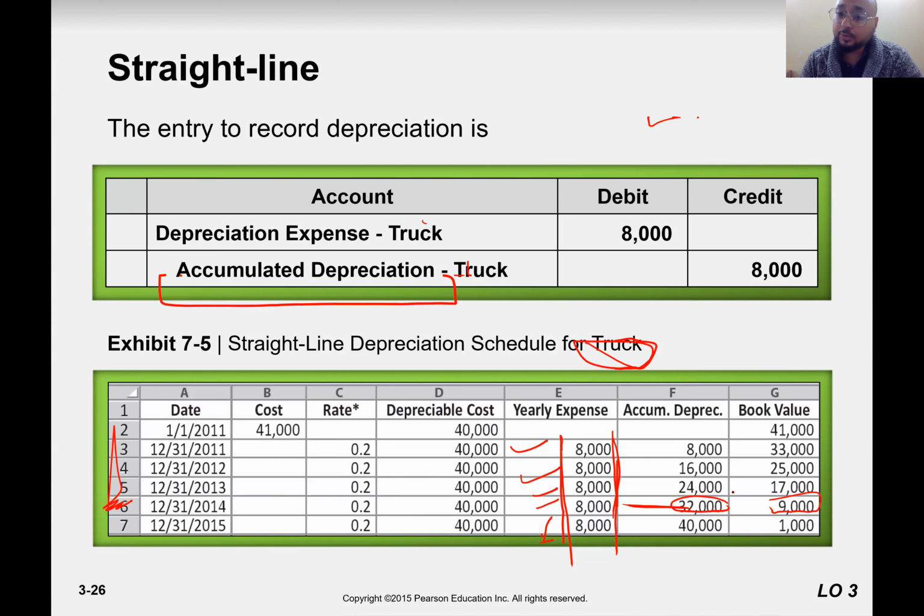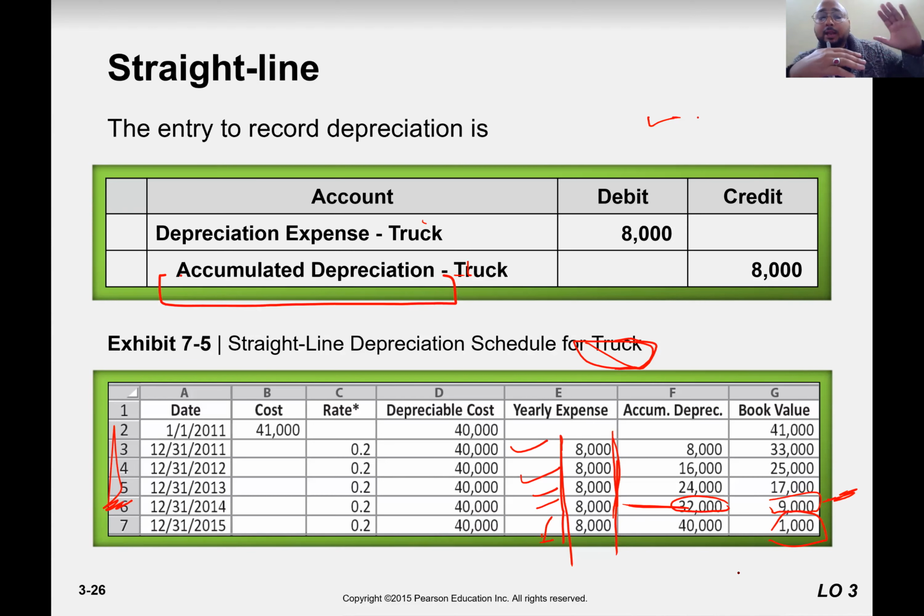So it gives you the idea that now the time has come, we need to replace our truck next year, because next year 8,000 from this 9,000 will go as depreciation and 1,000 is left. It means the life of the truck is over.